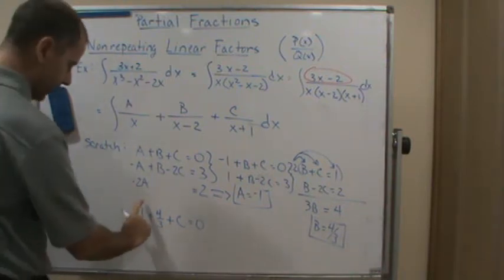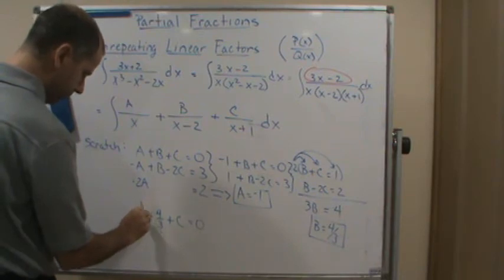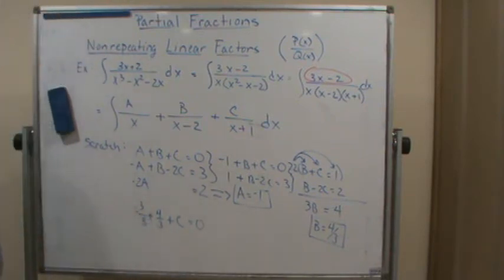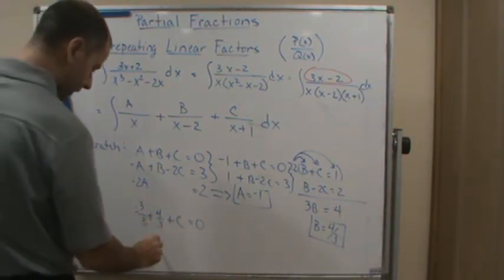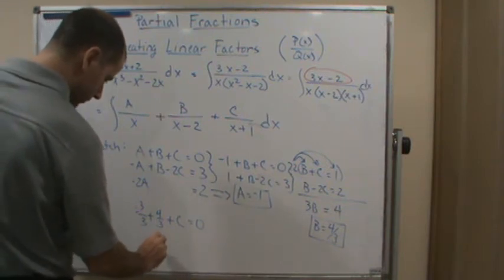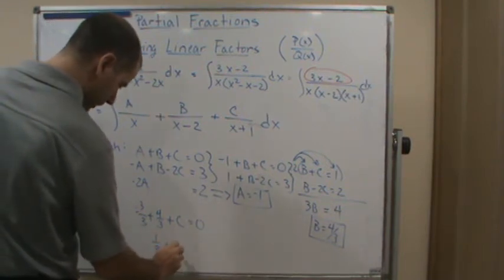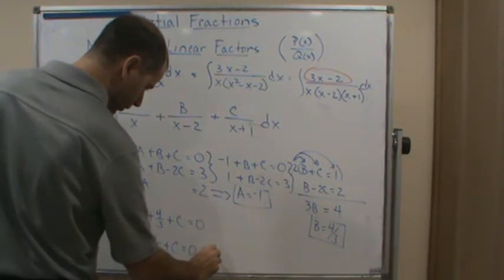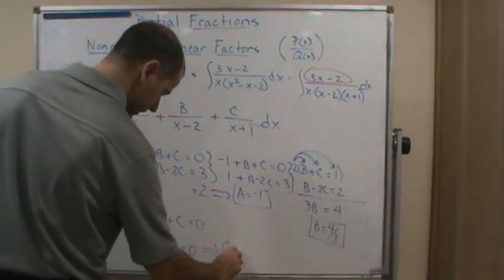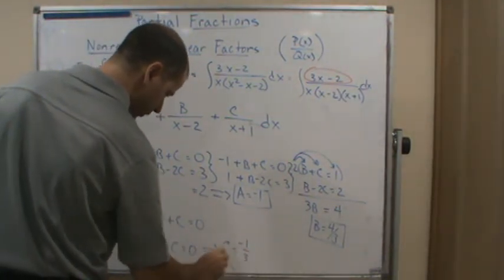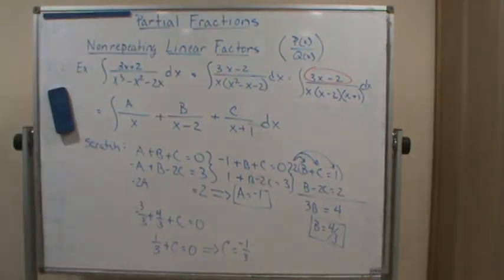Okay, well I can change this into 3/3. And so this is going to give me 1/3 plus c equals 0, which then tells me that c equals negative 1/3. And I've got the third one.